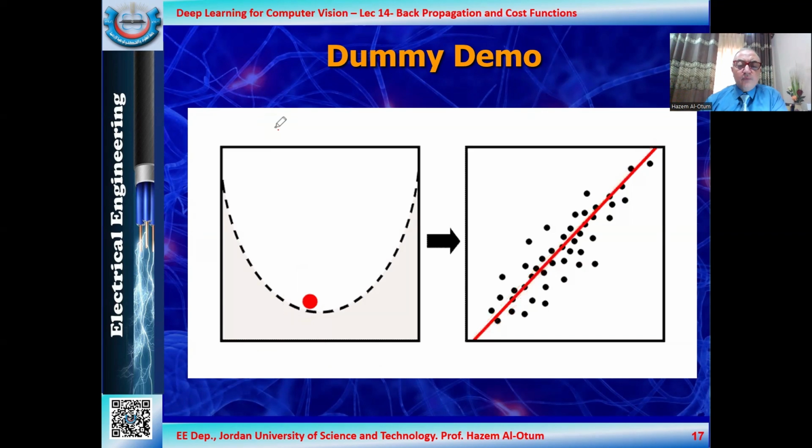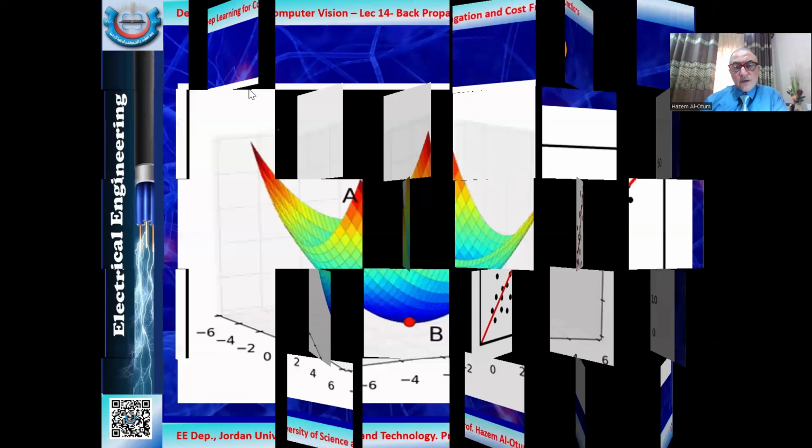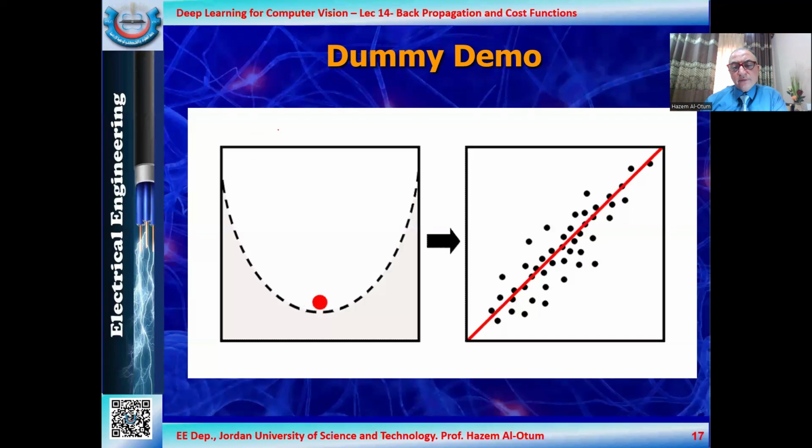By modifying the location or the value of the weight, by default we are modifying the error value. This will lead to a change in the regression fitting curve.